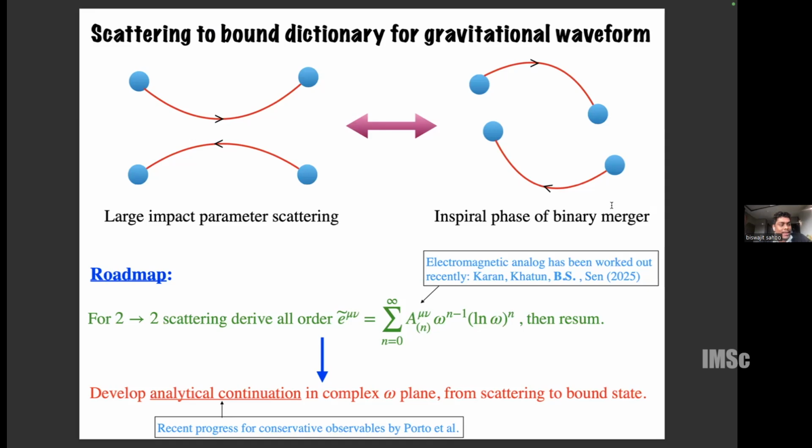And this is not surprising, because as we learned in classical mechanics, going from a hyperbolic orbit to an elliptic orbit, one basically has to change the sign of the energy. But the subtlety here is that on top of it, we have to take care of the outgoing radiation and develop this analytical continuation method. But I think once we have this resummed formula, one can play with it and develop this analytical continuation method to extract waveform information of the inspiral phase of a binary merger, starting from the scattering event waveforms we derived.